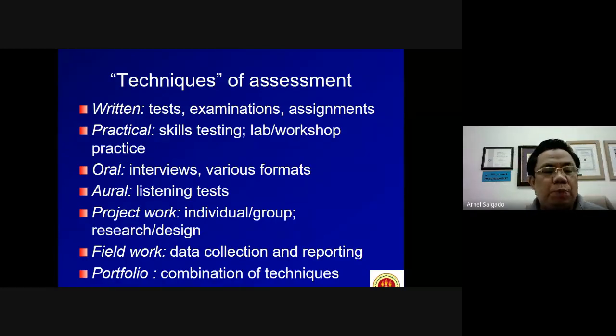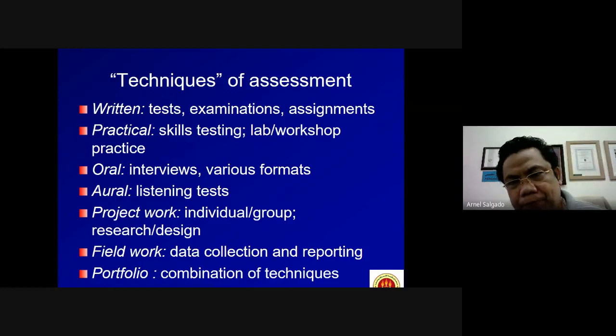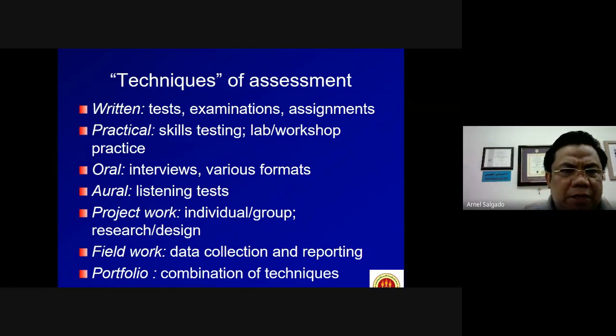Now practical, on the other hand, are forms of assessment also, like in the case of skills testing. What we're doing right now is this. Either it will be formative or summative. In formative assessment, we ask the students to do return demonstration. It's an informal return demonstration.